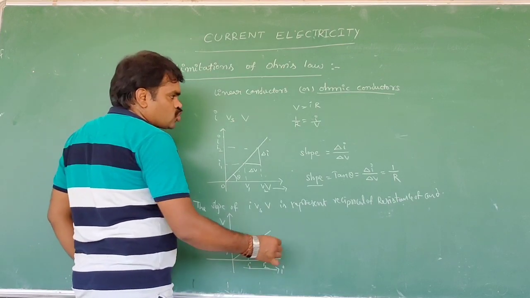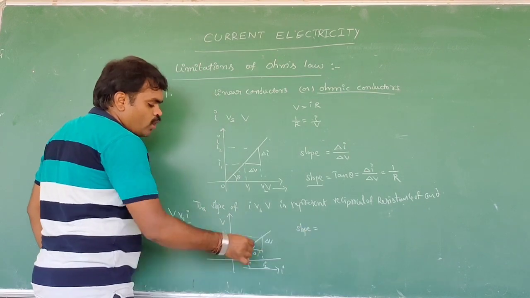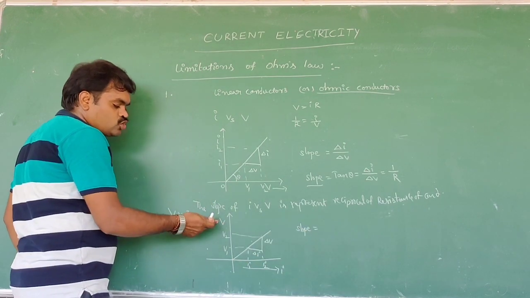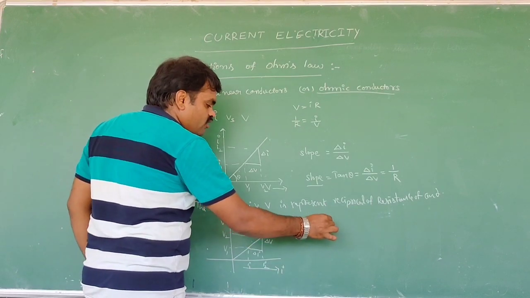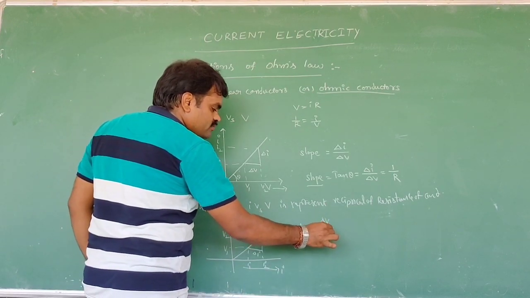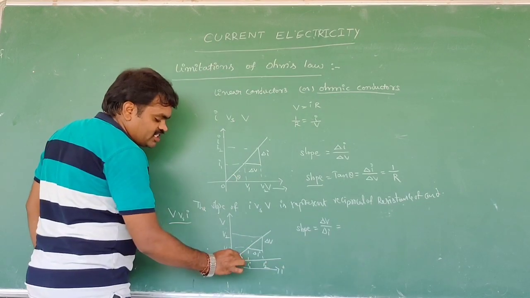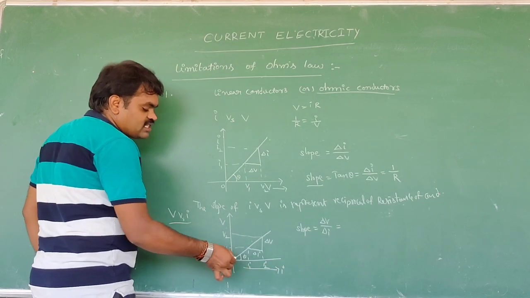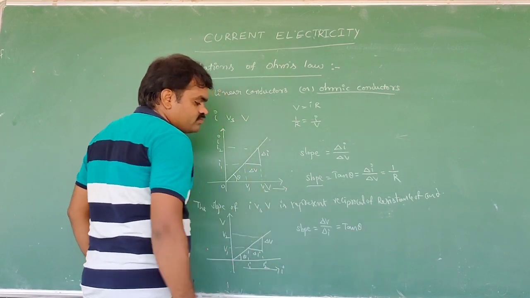Now we are finding the slope. Slope is equal to the y coordinate. Now on the y-axis what we have taken? Potential. That's why delta V by delta I. This slope makes an angle theta with the x-axis, then it is equal to tan theta.